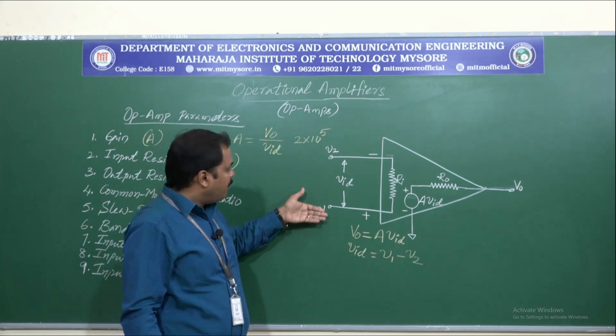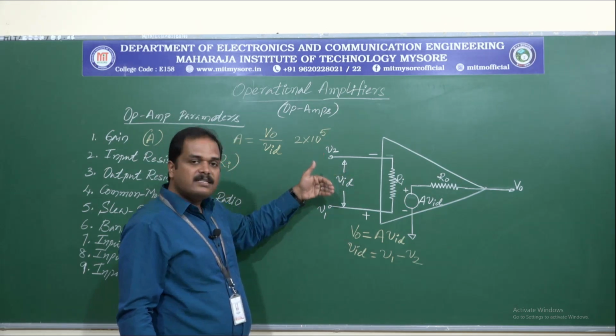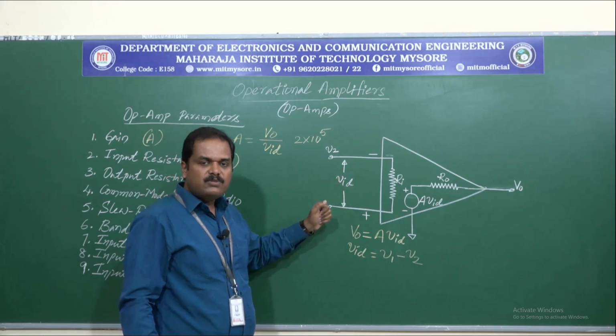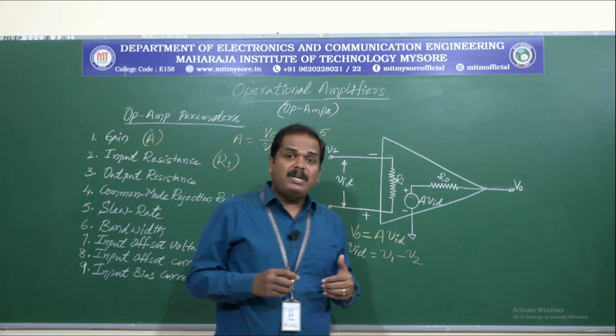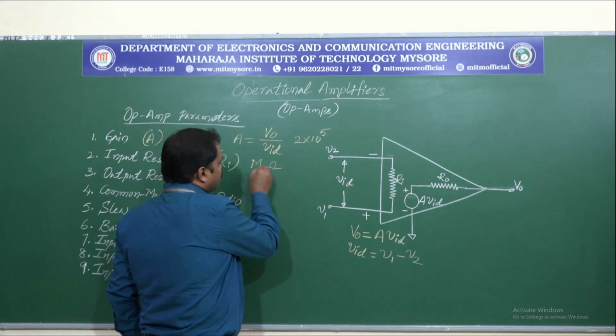I mean to say, by making one of the terminals connected to ground, if you measure the resistance at the other terminal, we will be getting the input resistance, which is represented as Ri. Typically Ri will be in mega ohms.